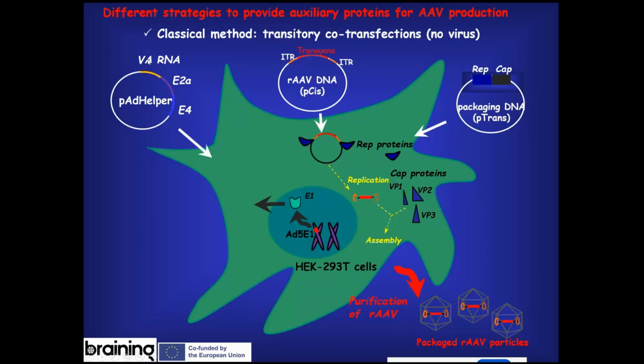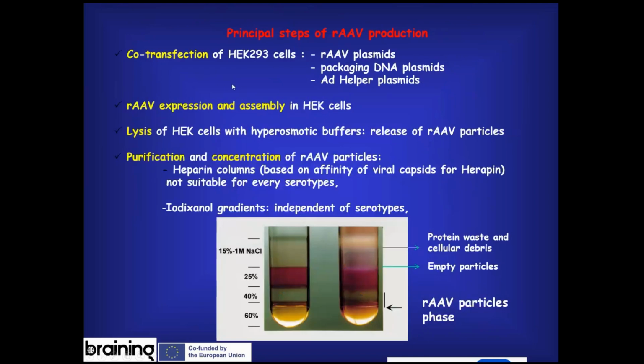The cells, thanks to the adenoviral genes, will assemble. And then from the cells, you can purify your AAV, which will be ready to go and completely clean of adenoviral contamination.